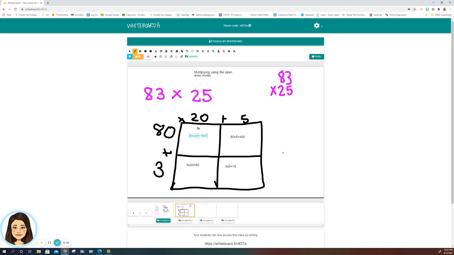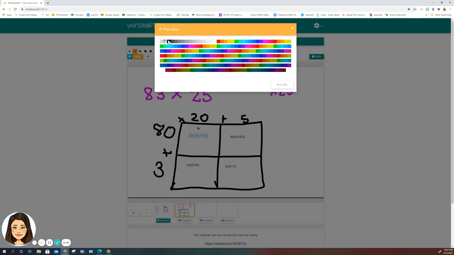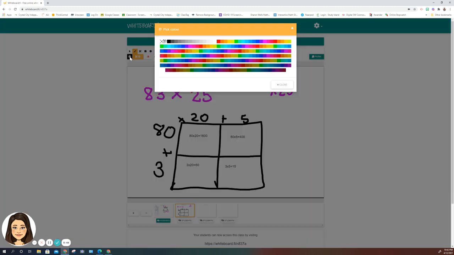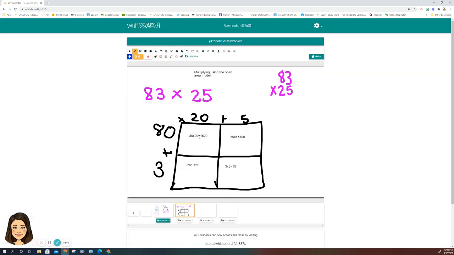So we will add 1,600 plus 60 is 1,660. 400 plus 15 is 415.